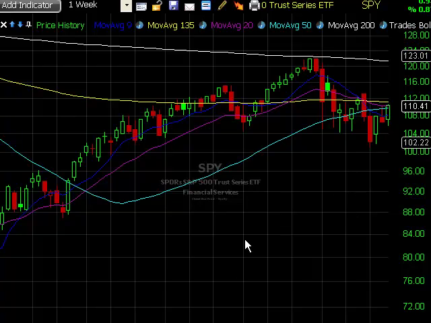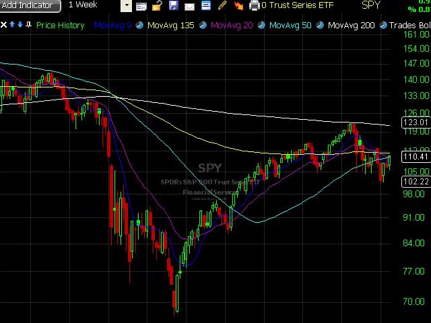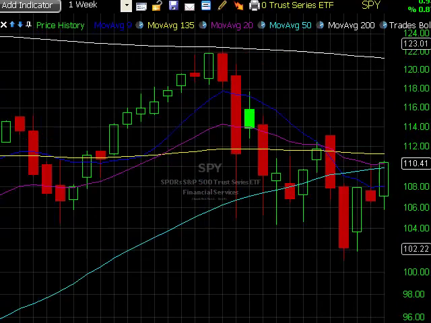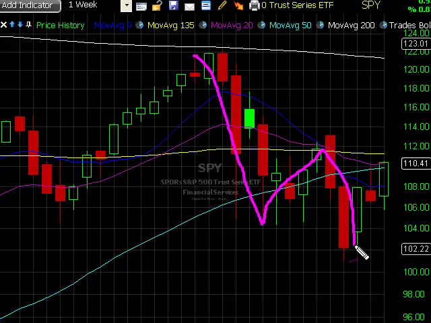Looking at this, one could have the argument that we've already had our wave 1 up, 2 pullback, big 3 wave up, 4 and 5, and now looking on this side, and let's zoom in here for a second, you could say we've had our A, B, C corrective pattern, and we're ready to shoot up to the top side here as wave 1 up again.